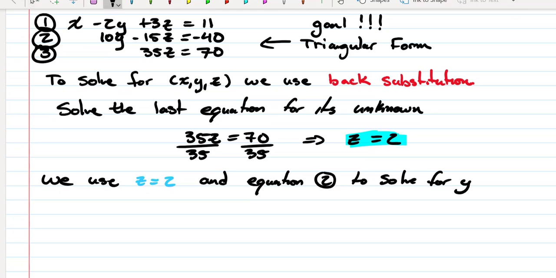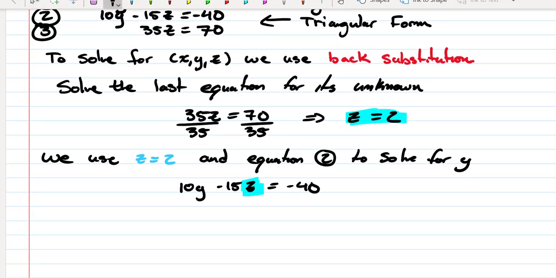So equation 2 is 10y minus 15z is equal to negative 40, but we know what z is. So if we use z is 2, we have 10y minus 15 times 2 is equal to negative 40.